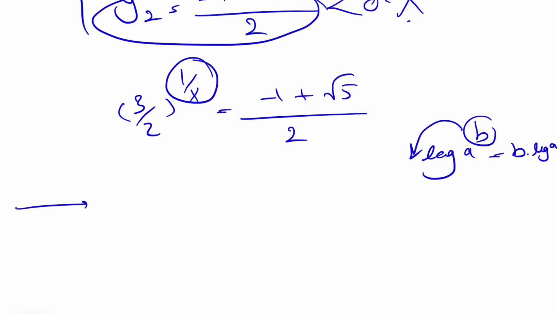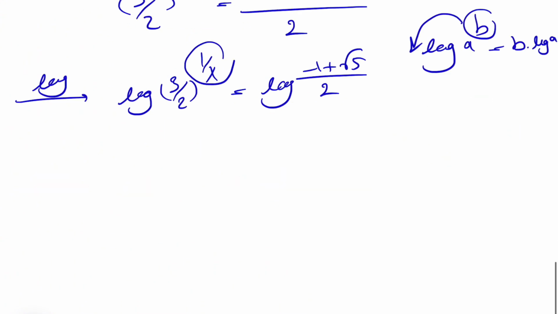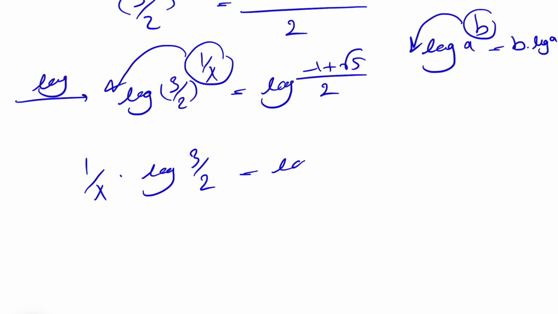So if we do the log on each side, the 1/x can come to the front, so we have 1 over x times log of 3/2 is equal to log of (minus 1 plus square root of 5) divided by 2.